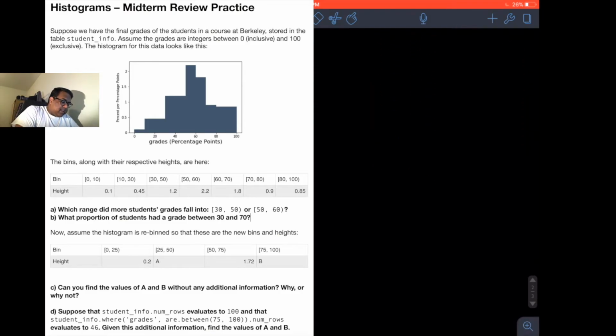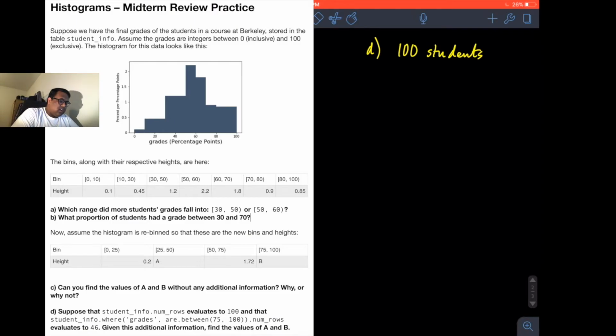But part D, though, you can. So what additional information does it give us? It tells us that the number of rows in the student info table is equal to 100. So it tells us that there's 100 students. And it also tells us that there are 46 rows where the values of the grades are between 75 and 100.